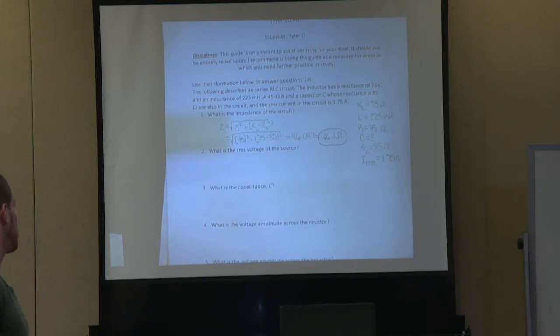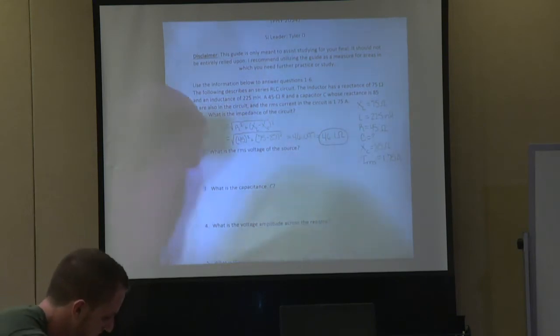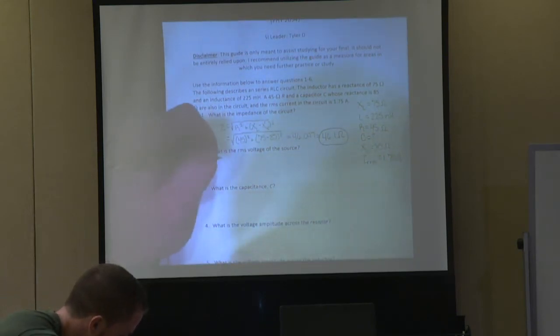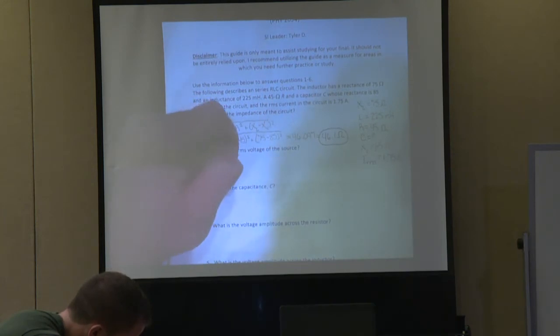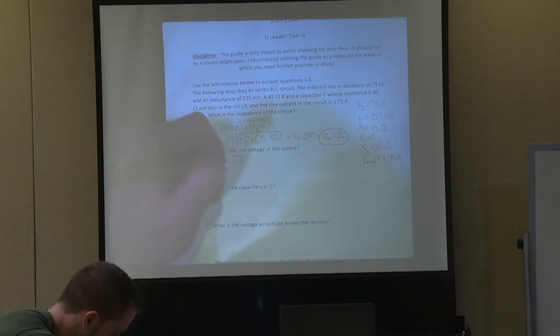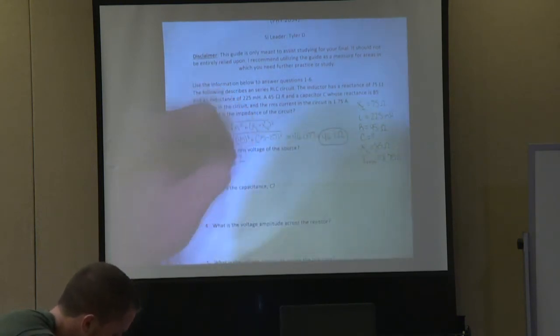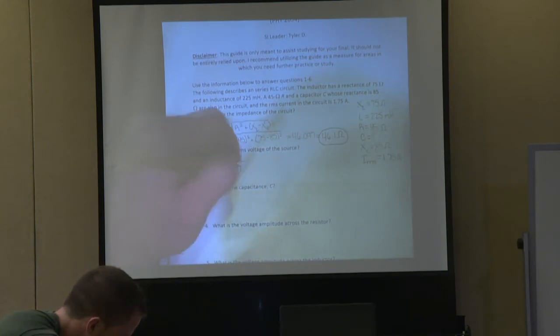Next question is asking what the RMS voltage of the source is. So to do that, we use a variation of Ohm's law, which is V equals IZ. And then again, we just plug in our numbers. Our current is 1.75 amps.